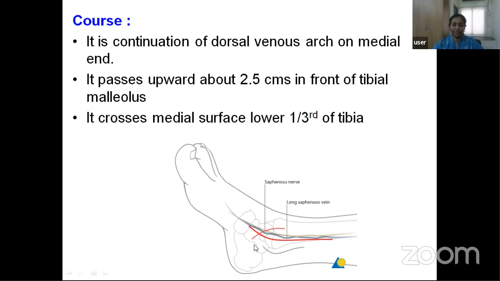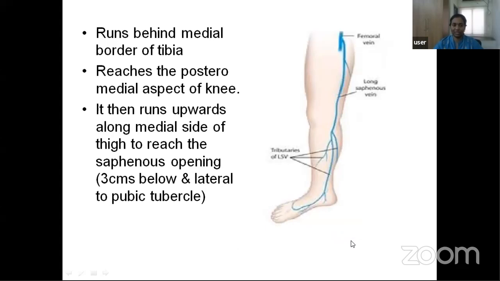But here we need to remember that the dorsal venous arch on the medial side continues as the great saphenous vein, and it runs upwards 2.5 centimeters in front of the tibial line. It crosses the medial side of the lower 1/3 of the tibia, runs along the medial wall of the tibia, and at the region of the knee, it goes to the posterior medial aspect.